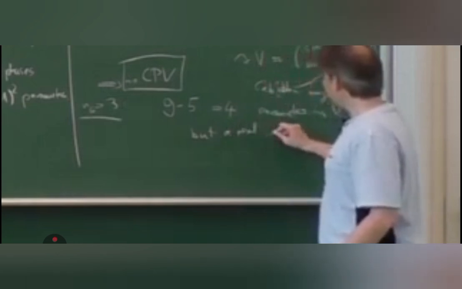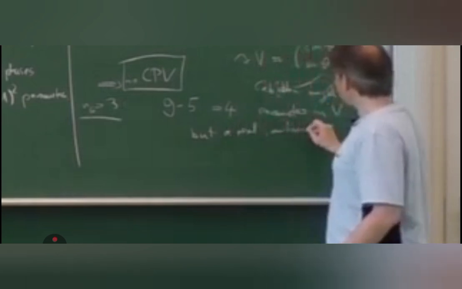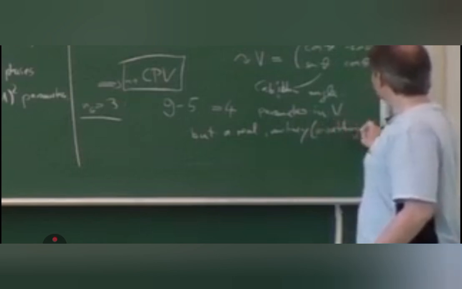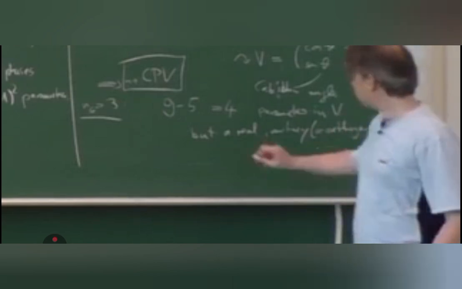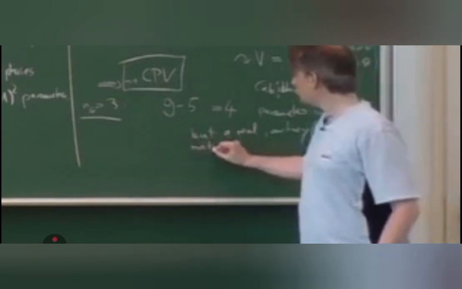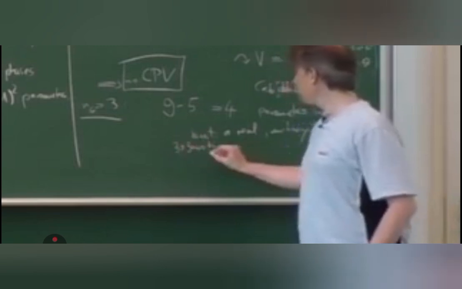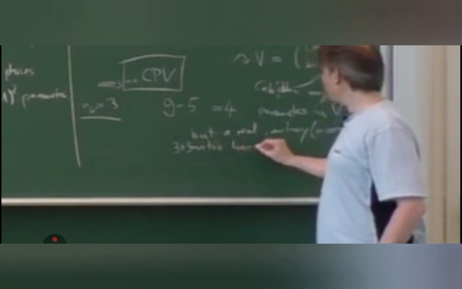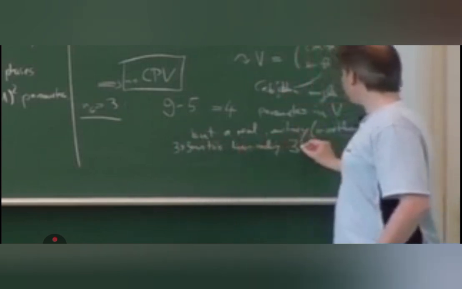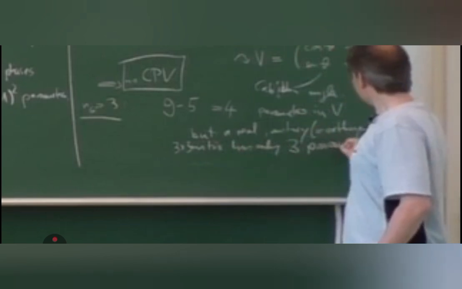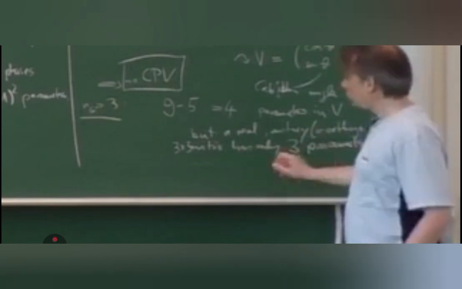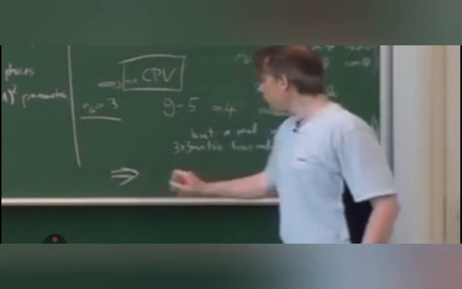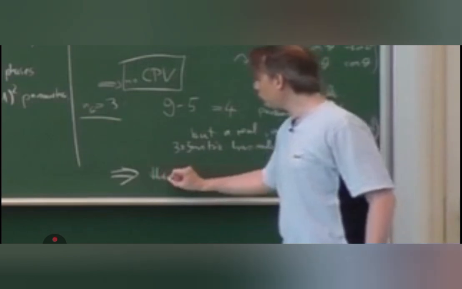Real unitary means orthogonal, and a 3 by 3 orthogonal matrix has only 3 parameters, and for this reason there remains 1 complex phase.